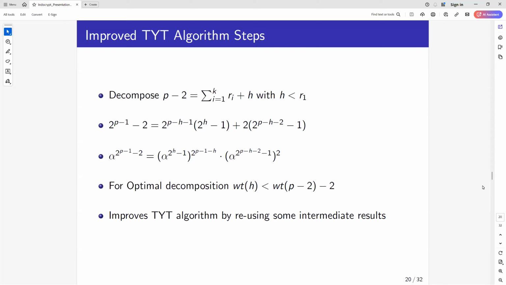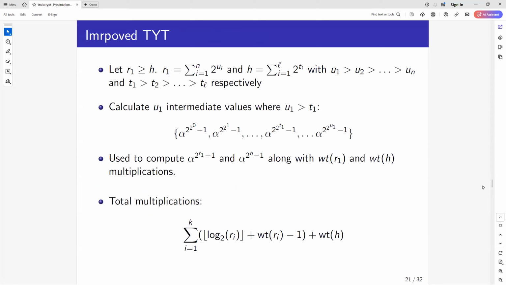2. So how does it improve the P by P algorithm, like the previous algorithm? It reuses some intermediate results to get the factor. So how it works: whenever we calculate alpha to the power 2 to the power R1 minus 1, where this R1 is the summation of terms 2 to the power i, the alpha to the power 2 to the power H minus 1 is already computed.